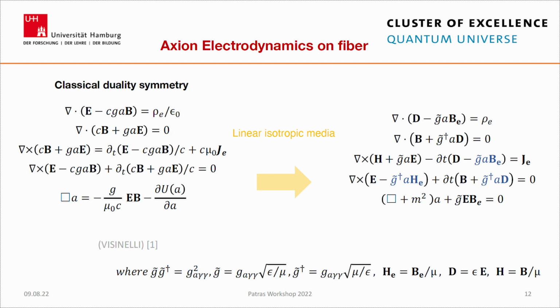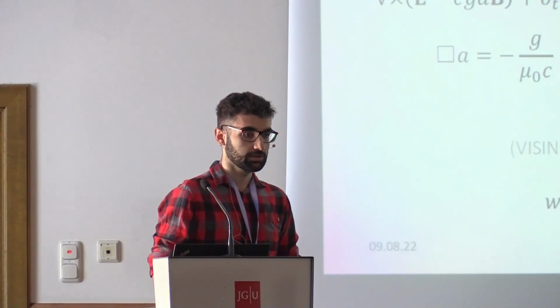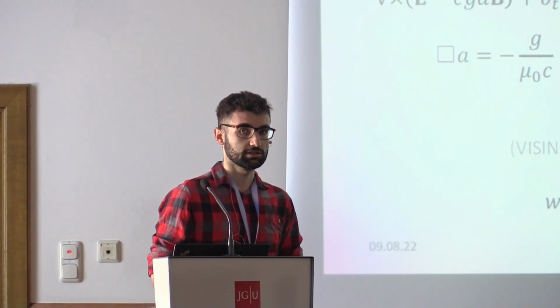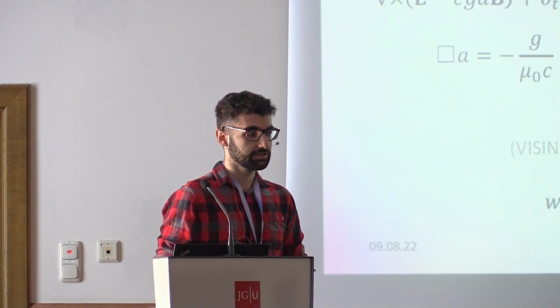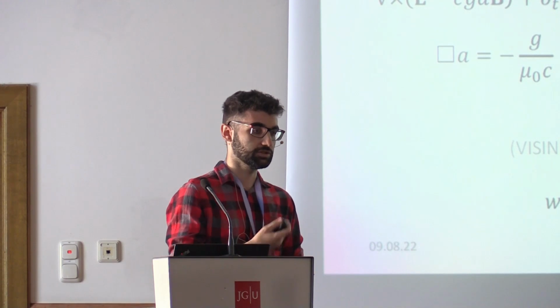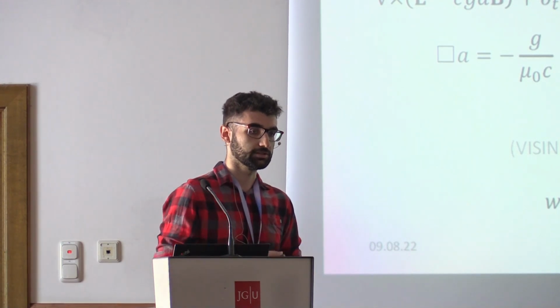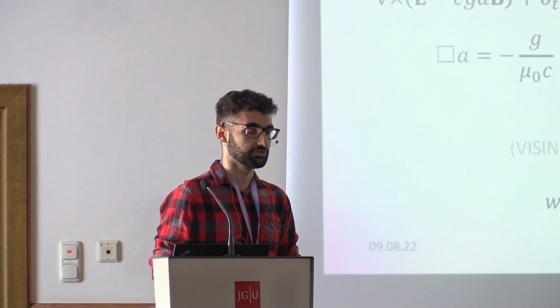So the field strength and its dual are invariant under rotation of the SO(2) symmetry, and the magnetic and electric sources are rotated by a certain angle. Empirically, we know that magnetic monopoles don't exist.